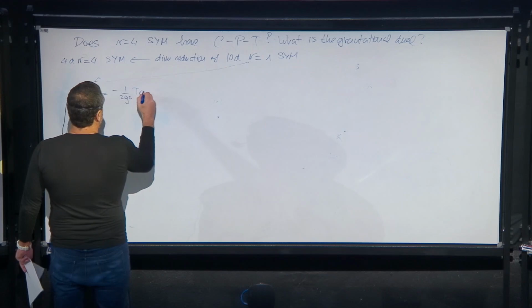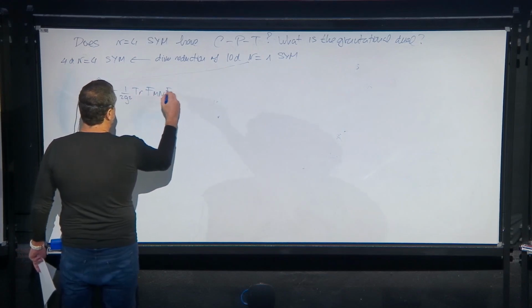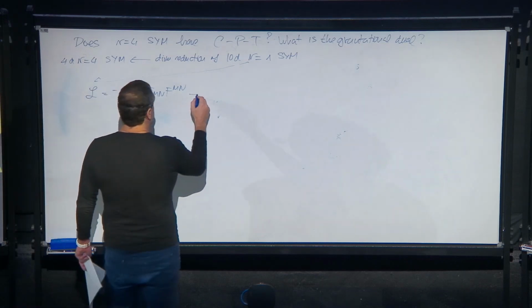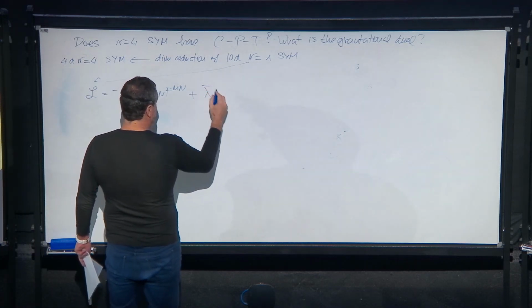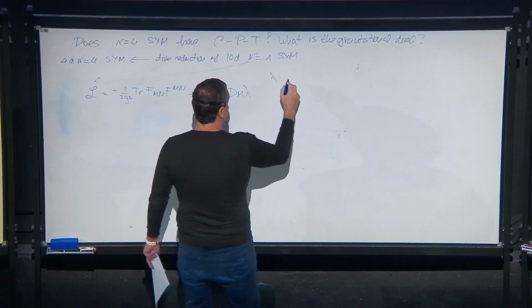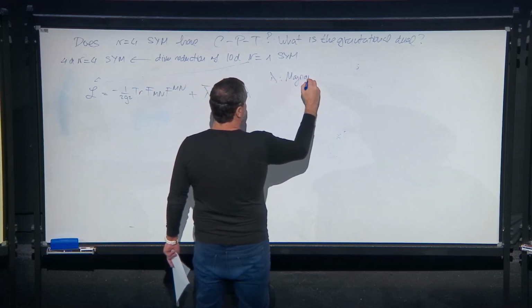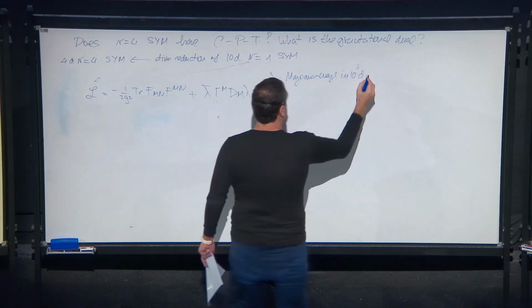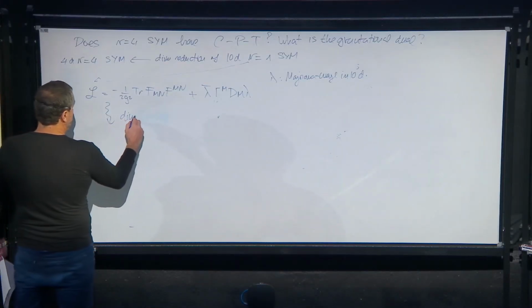It has the usual Yang-Mills term, where M and N now run over 10 dimensions. And then you have a fermion lambda, a Majorana-Weyl spinor in 10 dimensions. All fields are in the adjoint. And the way you get N equals 4 super Yang-Mills is by dimensionally reducing. What does this mean?